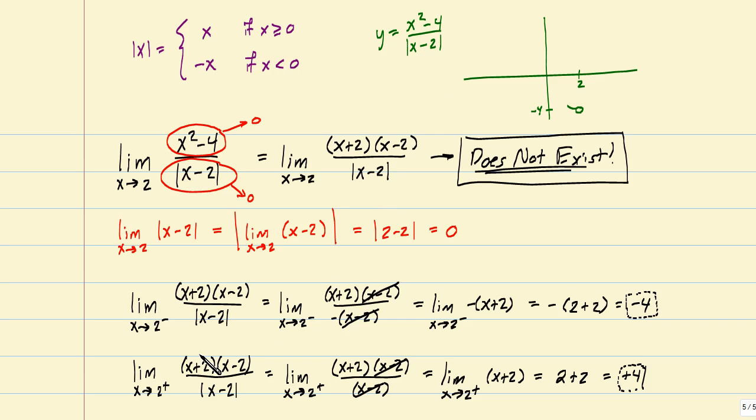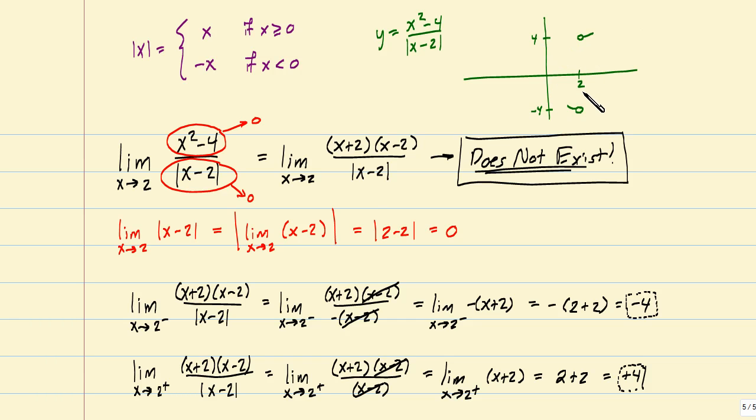Okay. Down here, the right-sided limit tells us that as I approach 2 from the right, the height of my function is getting arbitrarily close to positive 4. So here's positive 4. As I come in from the right-hand side, I get arbitrarily close to that height.